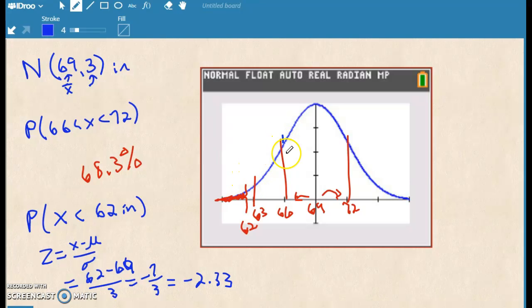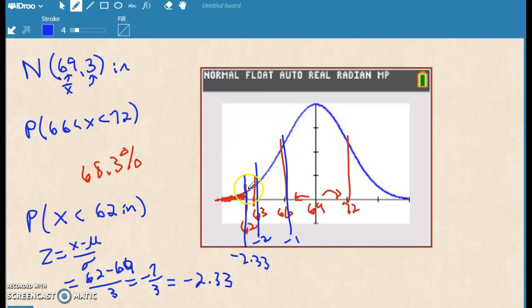Because here would have been a negative 1. Here would have been a negative 2. And here's our score, and we're at negative 2.33 deviations.